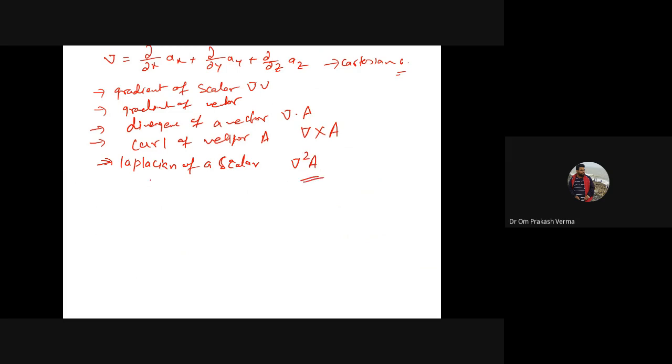So these are for some scalar function, let's say V.